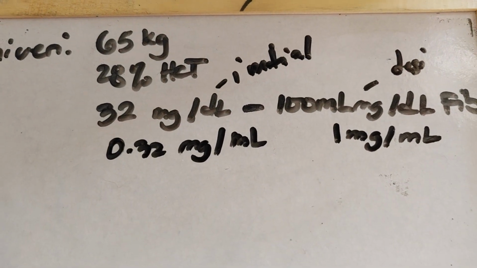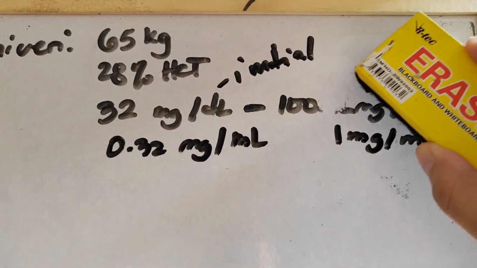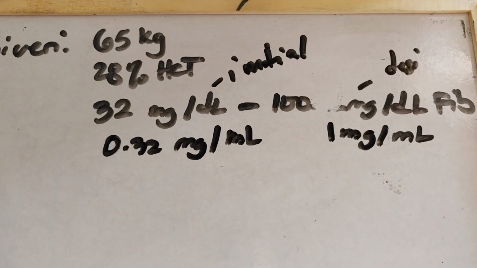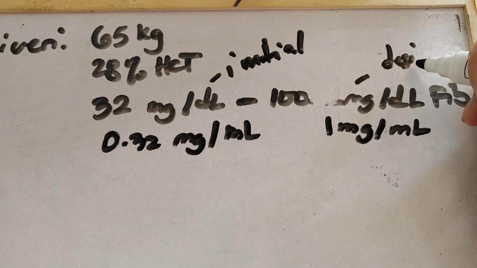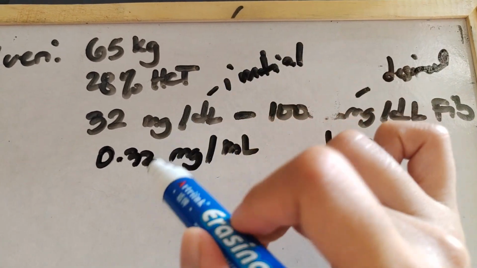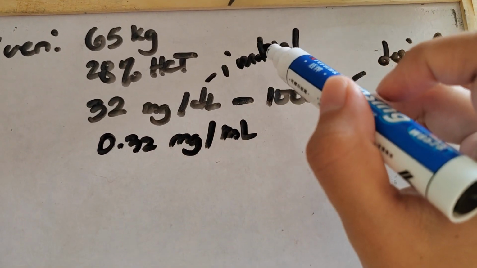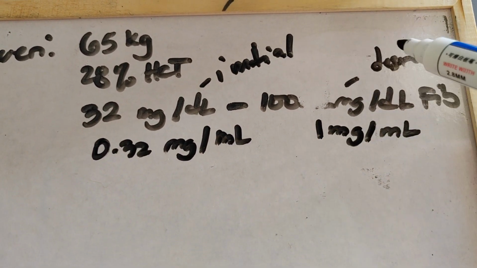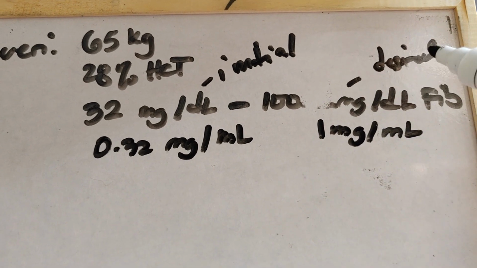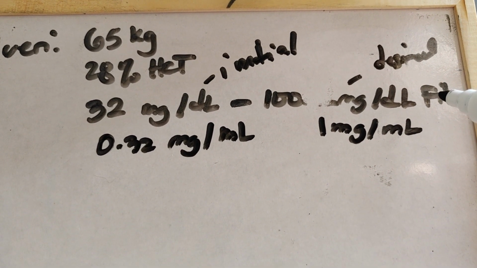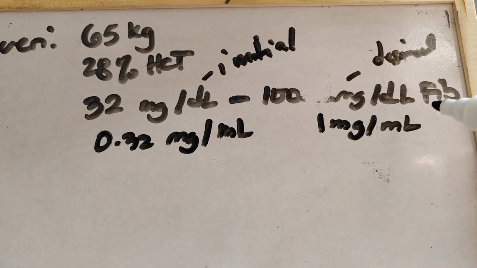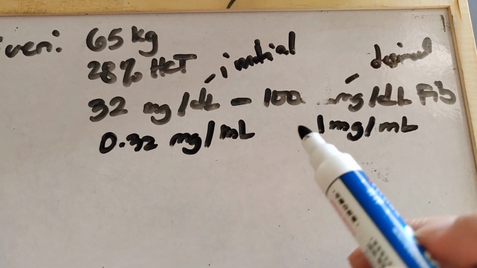Walang ml dito, sorry, kamali. 100 milligram per dL ang ating desired. Again, initially, meron siyang 32 milligram per dL. And then, desired natin, gusto natin siyang magkaroon ng 100 milligram per dL na fibrinogen. This one sa baba is just a conversion.